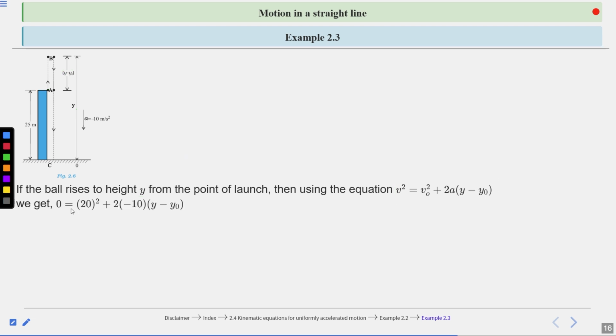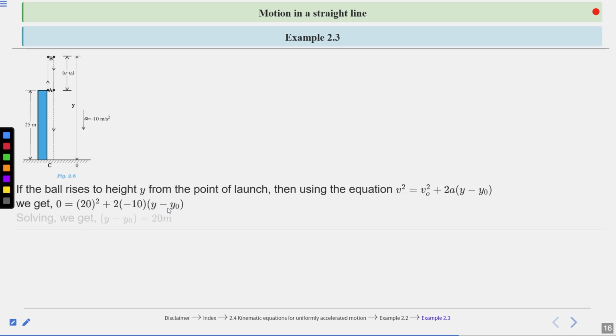we get final velocity, listen carefully, at point B is 0. Initial velocity is given as 20 meter per second. So 0 equals 20 squared plus 2 into acceleration, which is minus 10 meter per second square, into y minus y naught.